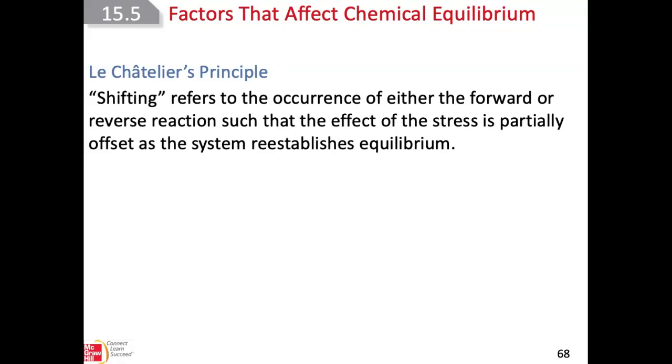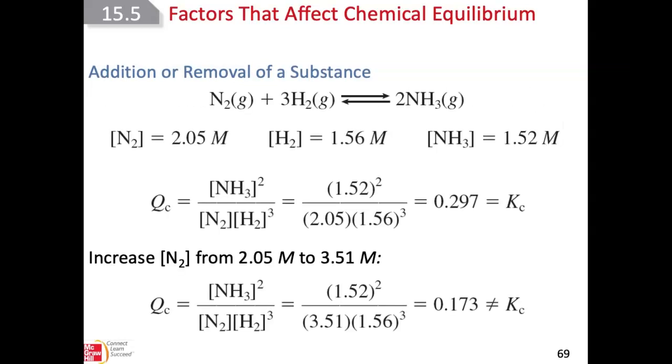The reaction is not at equilibrium anymore, but the system wants to go back to equilibrium. So it will shift either to the product side or to the reactant side to reestablish equilibrium.